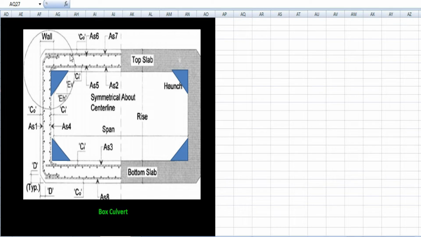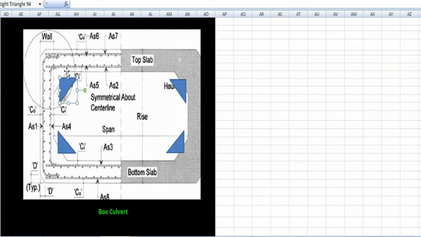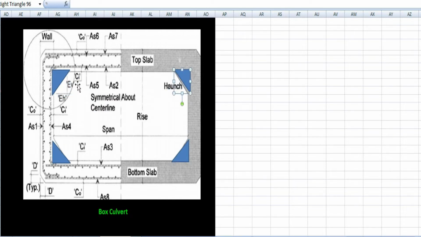So as you can see in this diagram, we have provided a structural arrangement of the box culvert. All the corners, like this one, this one, this one and this one, have a hunched shape like this. While we are making or binding the reinforcement, we have to provide a hunch bar.